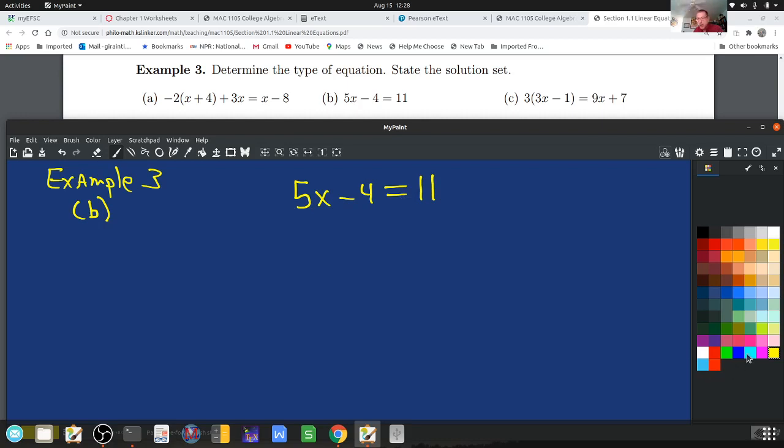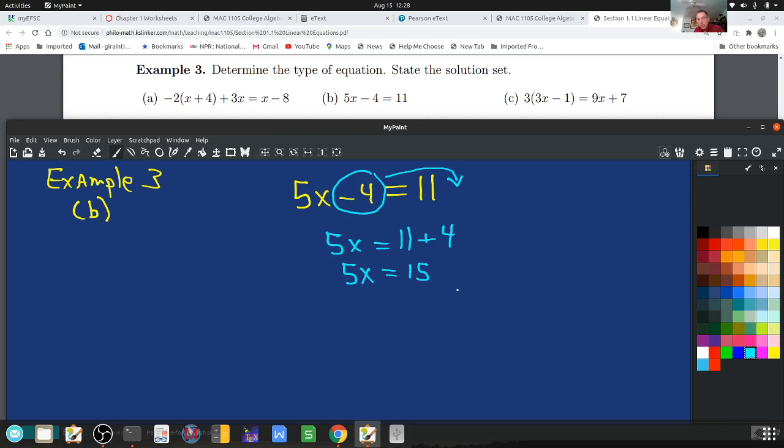So here again, I want to solve for x. So what I want to do is I want to move this minus 4 to the other side because I want variable terms on one side, constant terms on the other. The 5x stays put. The 11's over there already. The minus 4, when it goes to the other side, pays the price of changing its sign. So I have 5x is equal to 15.